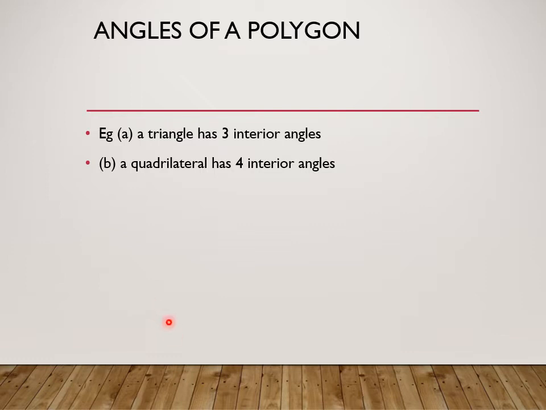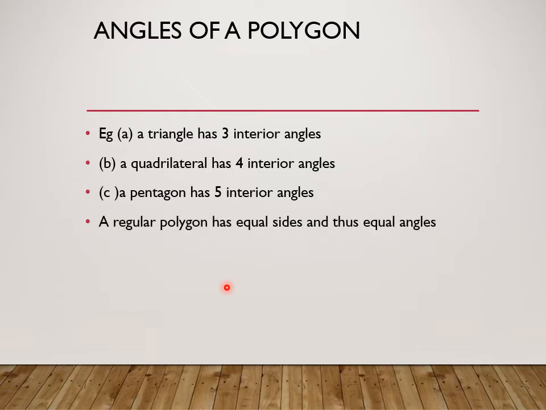Therefore, a triangle has 3 interior angles. A quadrilateral has 4 interior angles. A pentagon has 5 interior angles, and you can go on and on. So the number of angles in the polygon will be the same as the number of sides the polygon has.